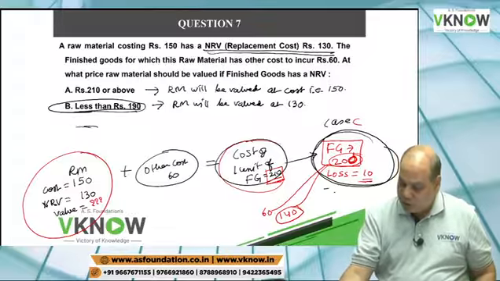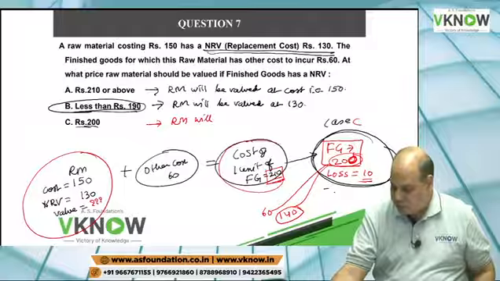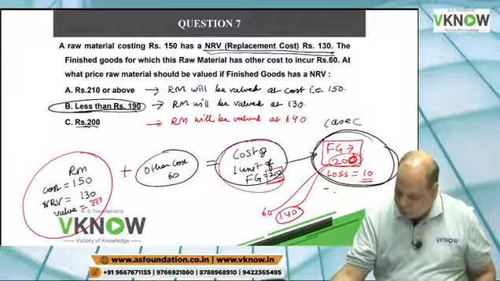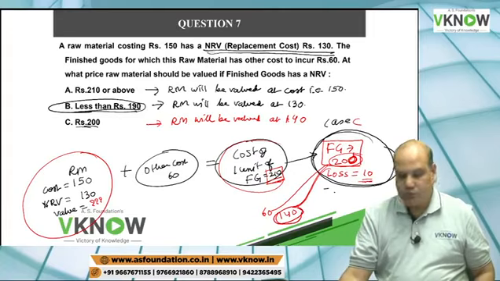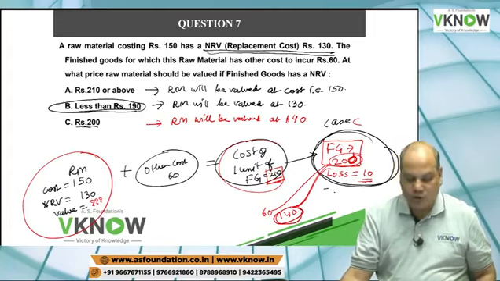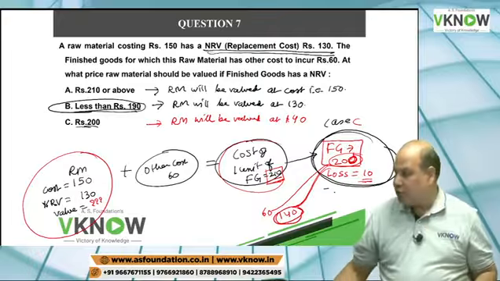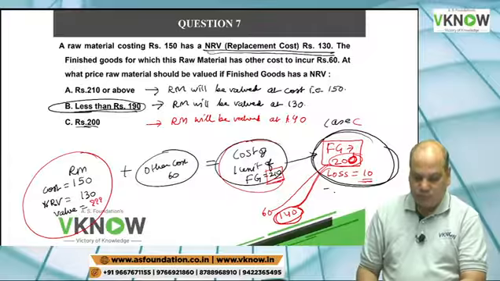So in this case, my answer will be raw material will be valued at 140 because I am able to recover 140. Sakshi, Saurav, you are right. Kunal is right. Okay. We are able to recover 140.